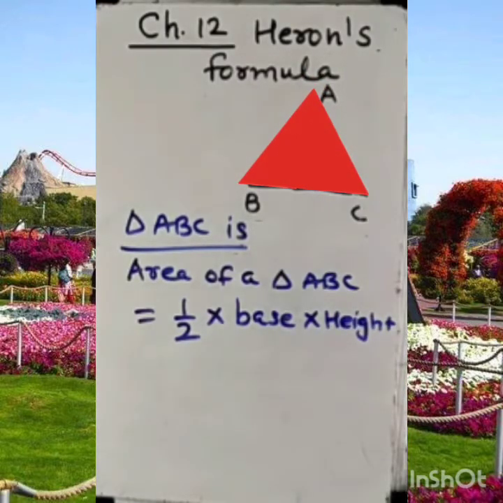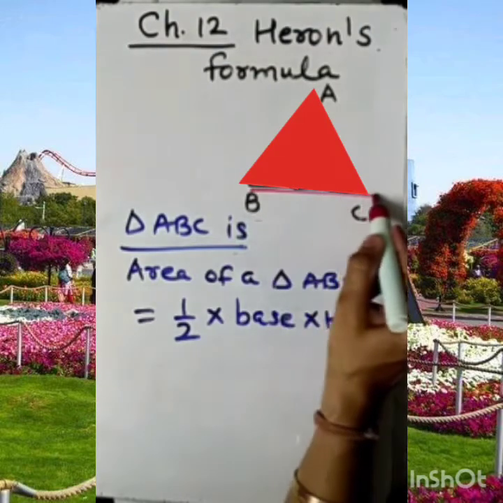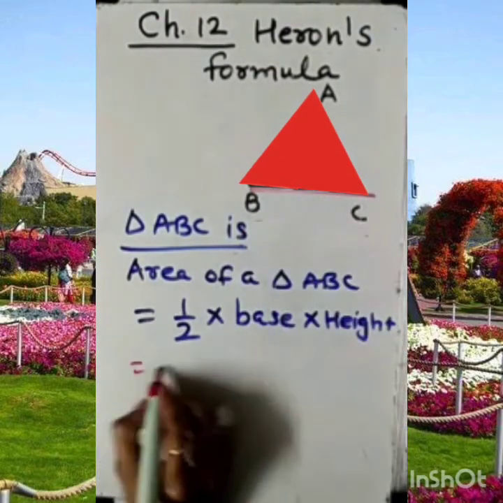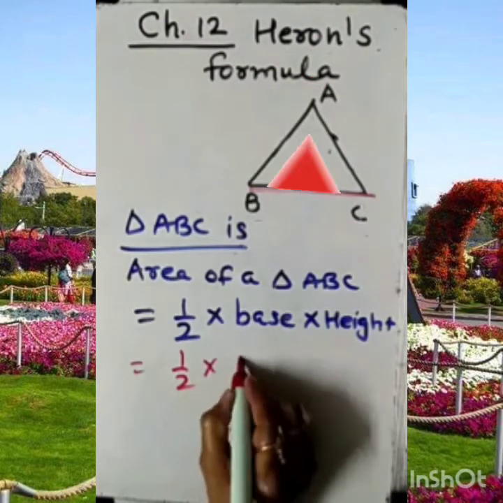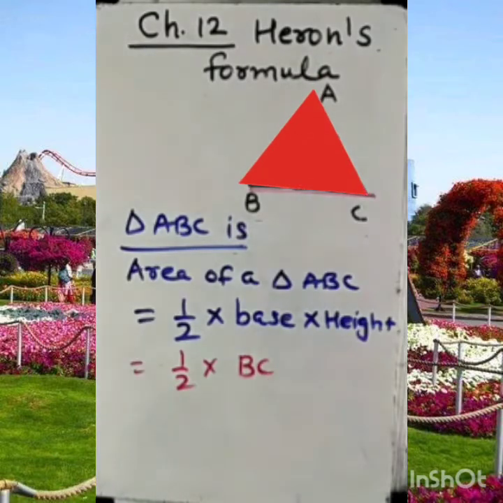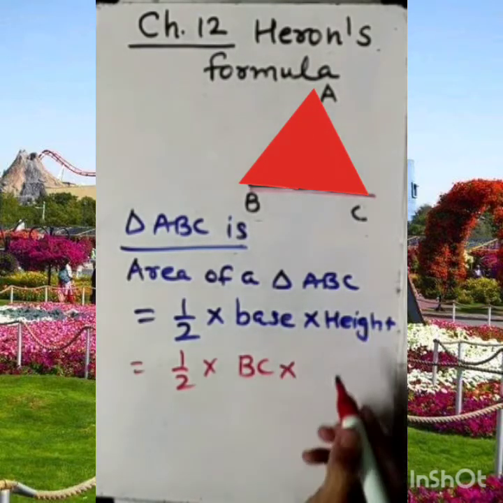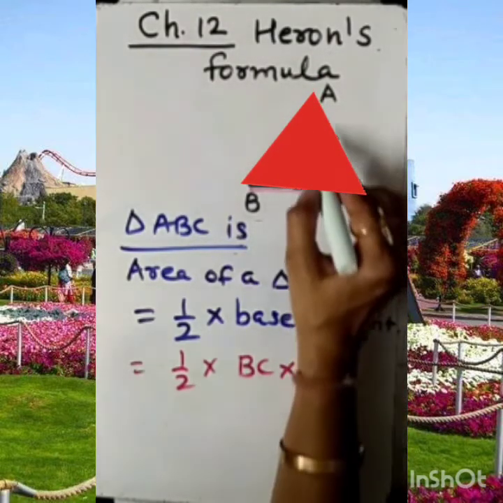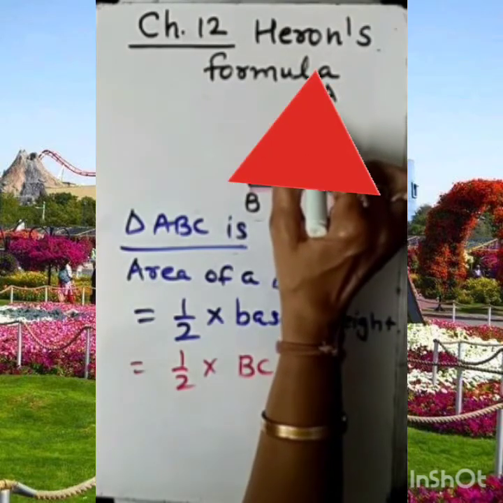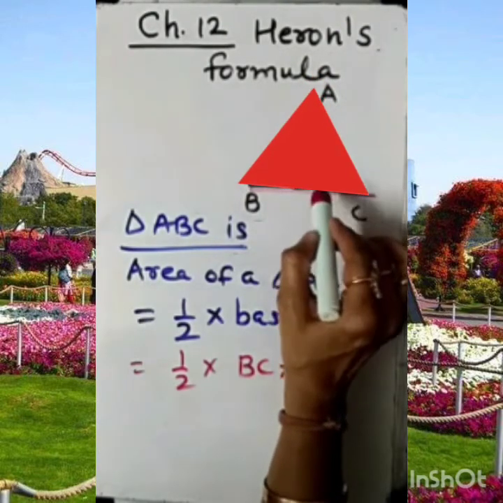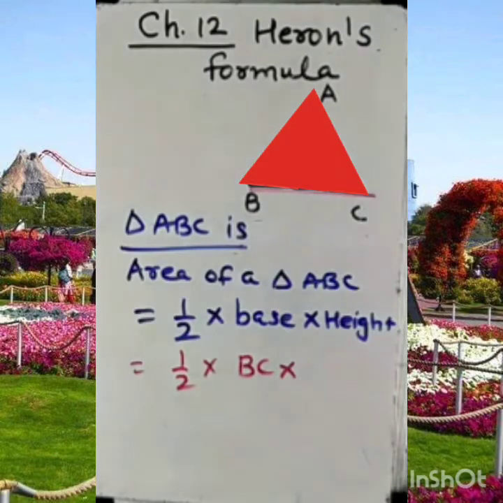1/2 base into height. Now what is the base here? One of the sides we are considering as the base, so for this triangle it is BC. But what about the height? Height indicates the perpendicular distance from the vertex to the opposite side. Let me call it AD.